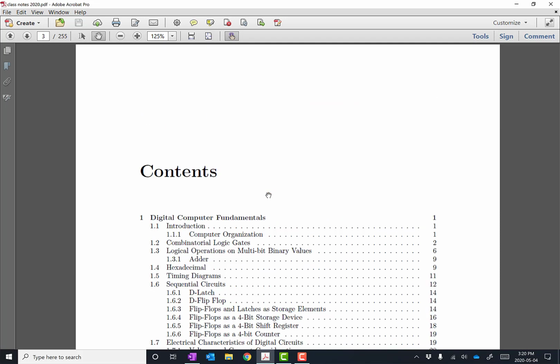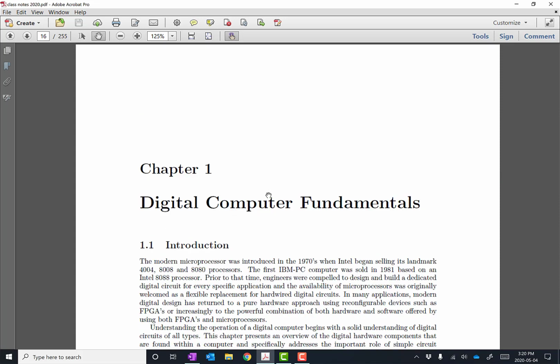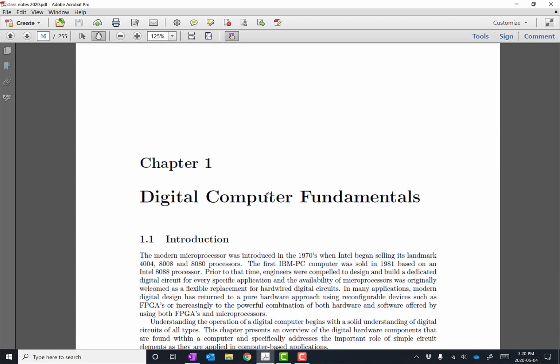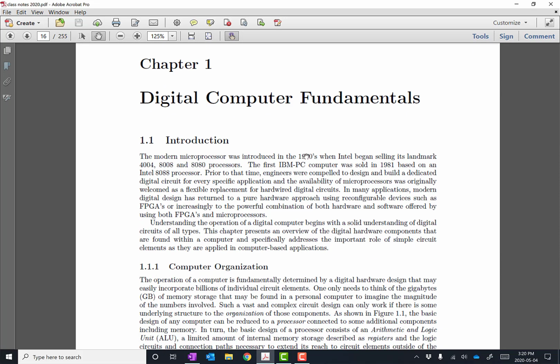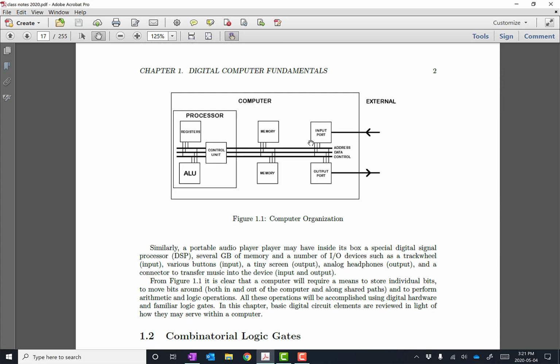Just to kick off, we're going to start off doing some review, which comes from chapter 1, which gets into some basic digital computer fundamentals. One thing that we're going to keep coming back to as we go through the term is this diagram that represents, at a pretty high level, the key blocks of a computer.